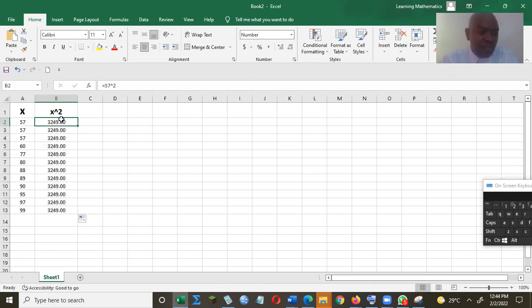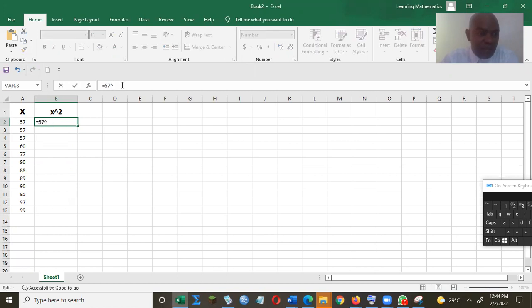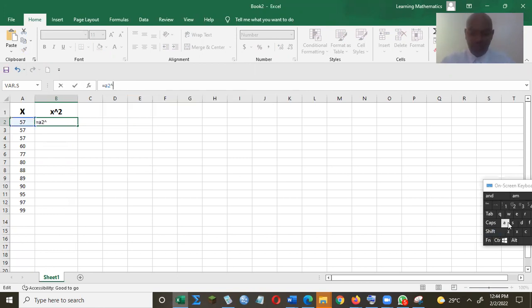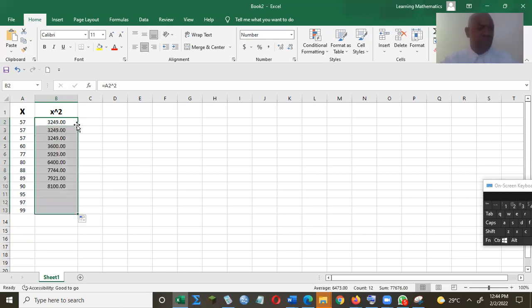I want to do this for each of the values, so I tell Excel equal A2 raised to the power of 2. Enter. When we go to the little green square in the right down corner and double click, it does that for each one of them automatically.